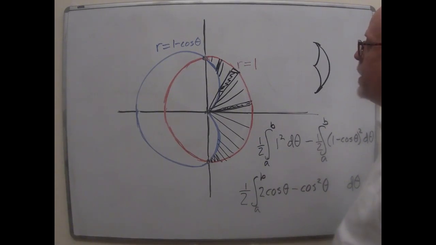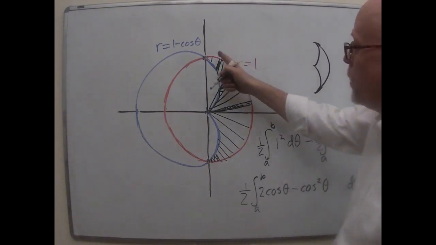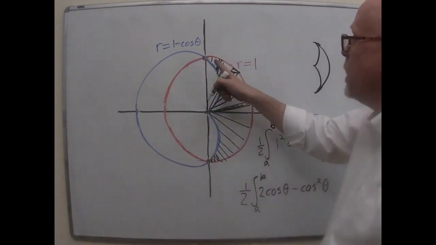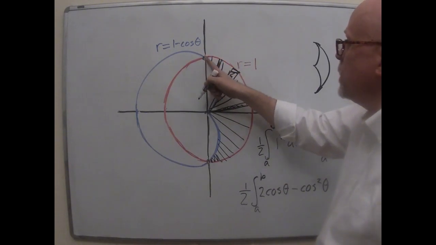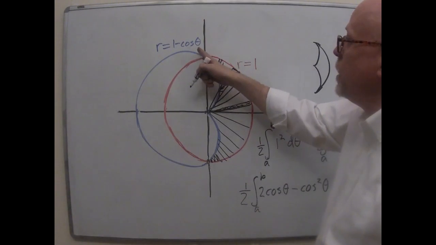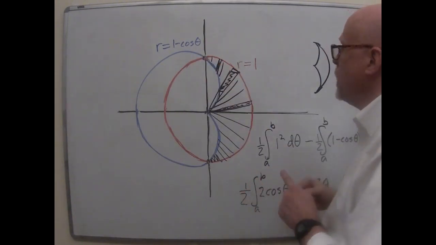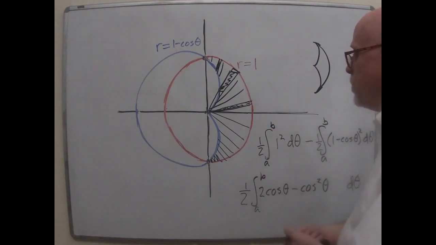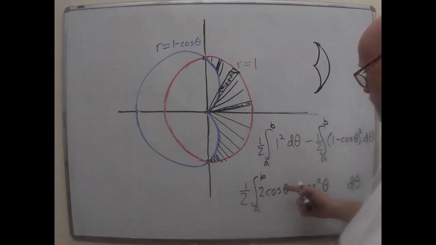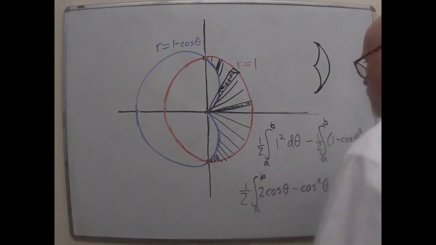You can just see that they intersect on the y-axis. That makes sense. R is equal to 1 all the time on the red curve, and when the angle is such that cosine is 0, which happens at plus and minus pi over 2, you'll get 1 out of the other thing's R formula. So the R's agree when theta is plus and minus pi over 2, which means those are the limits we should use. A and B are plus and minus pi over 2.